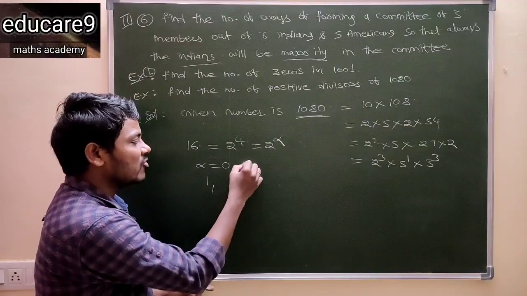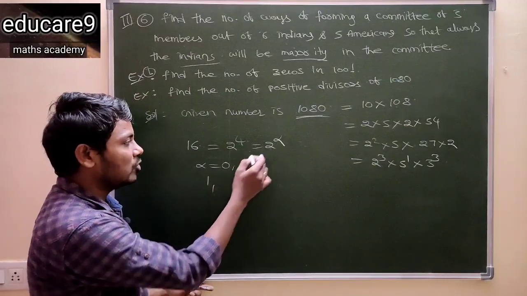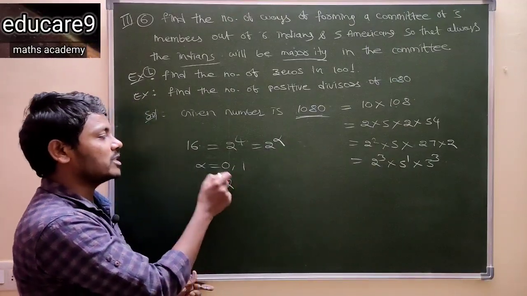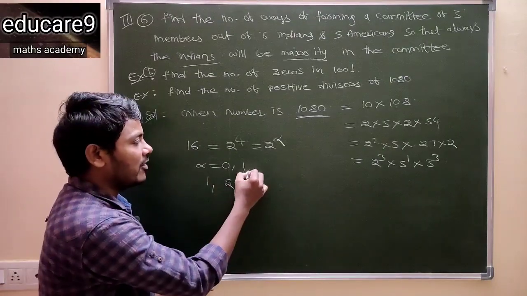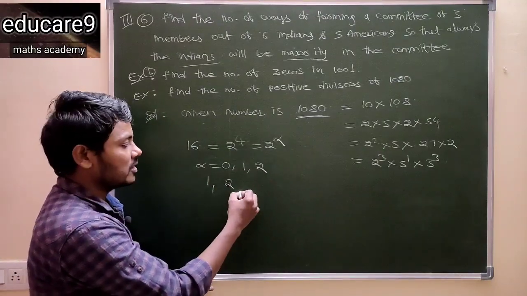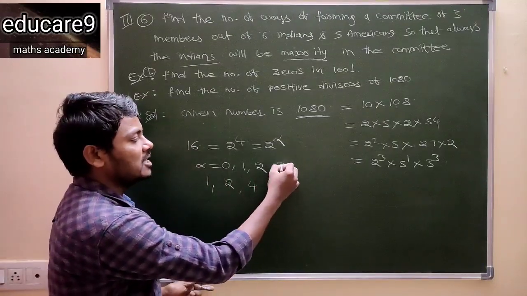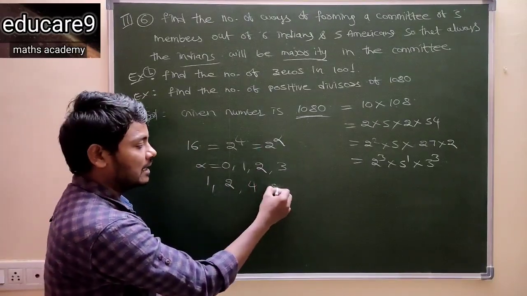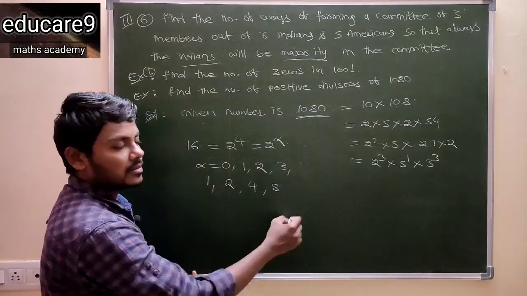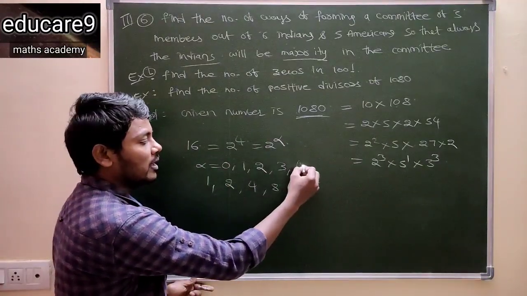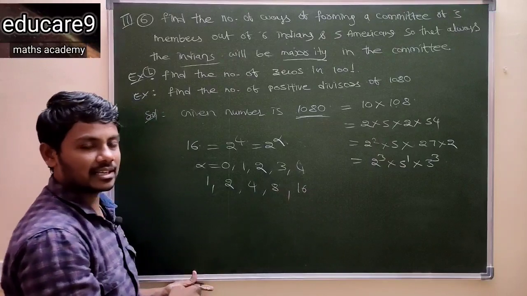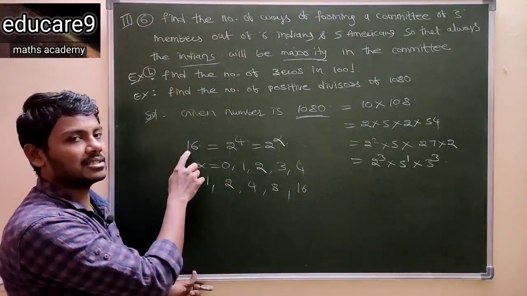If alpha is equal to 1, you will get 2 power 1, which is 2. 2 is a divisor of 16. If alpha is 2, you will get 4. 4 is a divisor of 16. If alpha is 3, you will get 8. So 8 is a divisor of 16. If alpha is 4, you will get 16. So 16 is also a divisor of 16.